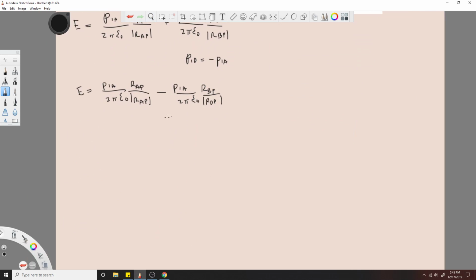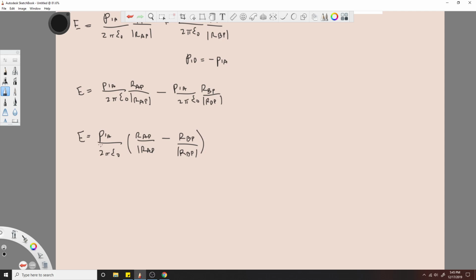So now we have a nice problem that looks like this: rho LA over 2 pi epsilon naught multiplied by RAP over the magnitude of RAP minus RBP over the magnitude of RBP. So it becomes a fairly simple problem. Now all we need is the RAP and RBP values, and then we're done.